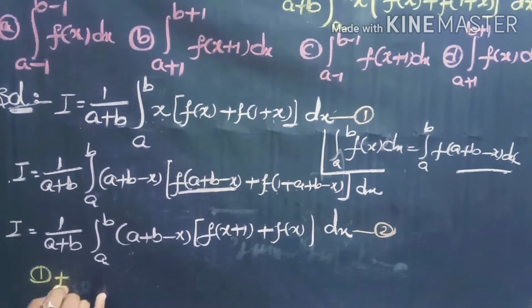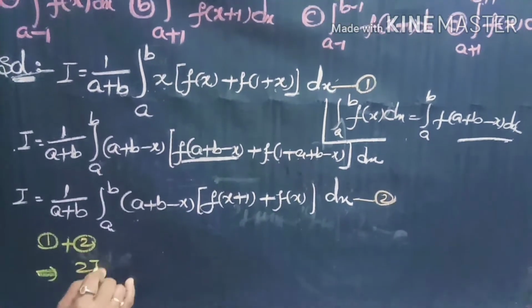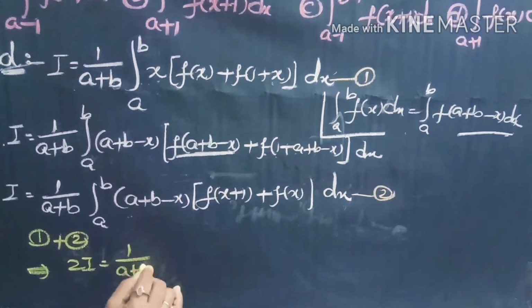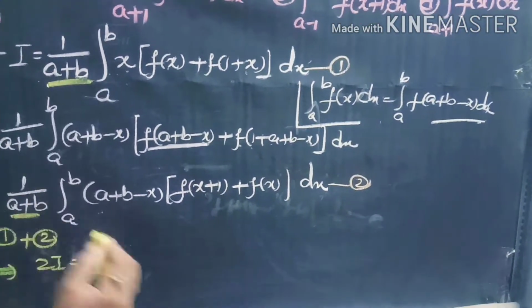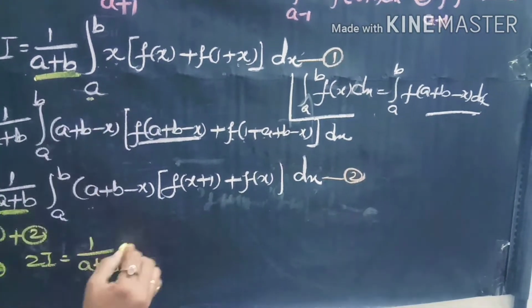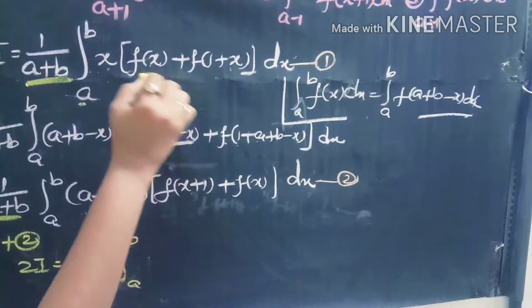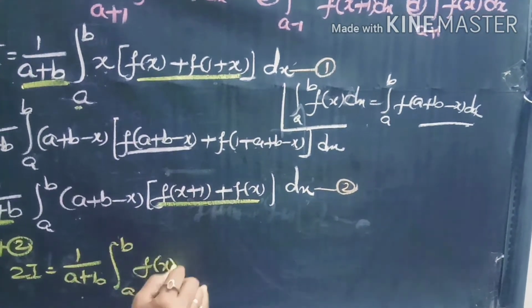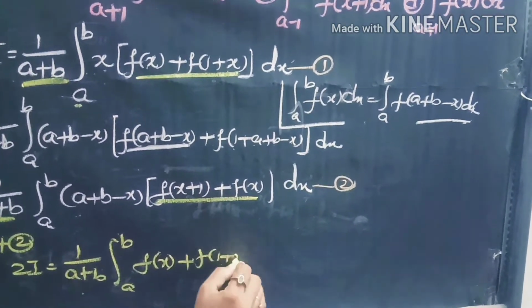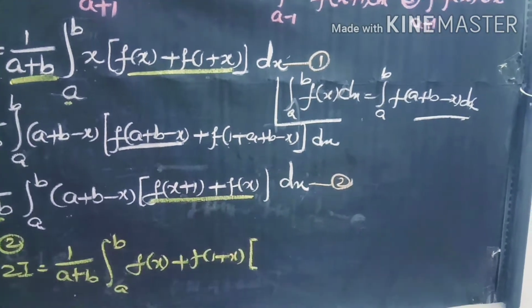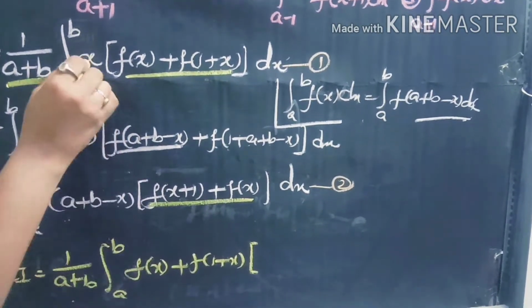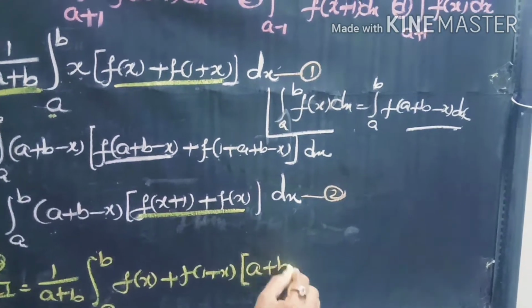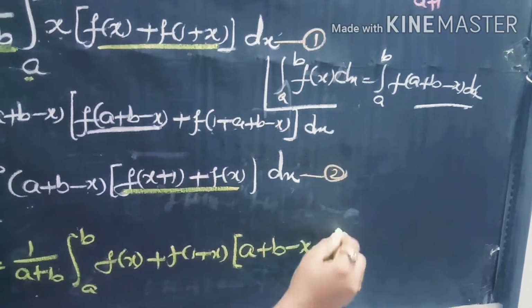1 plus 2 implies 2I = 1/(a+b) times 1/(a+b), taking common the integral from a to b of (f(x) + f(1+x)) into, now writing the remaining terms, (a + b - x + x) into dx.